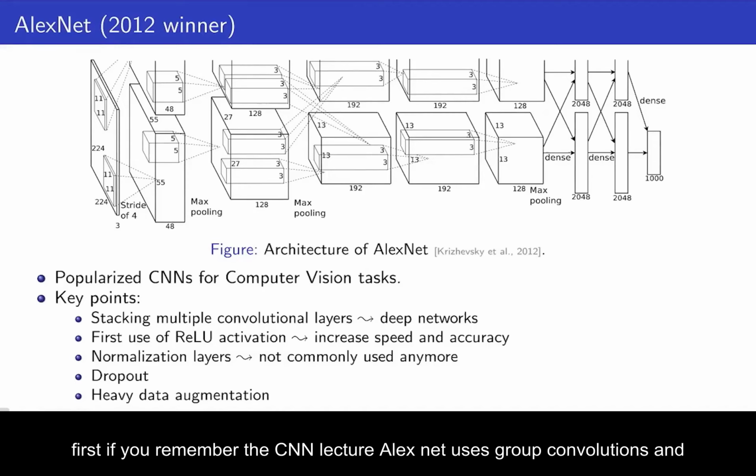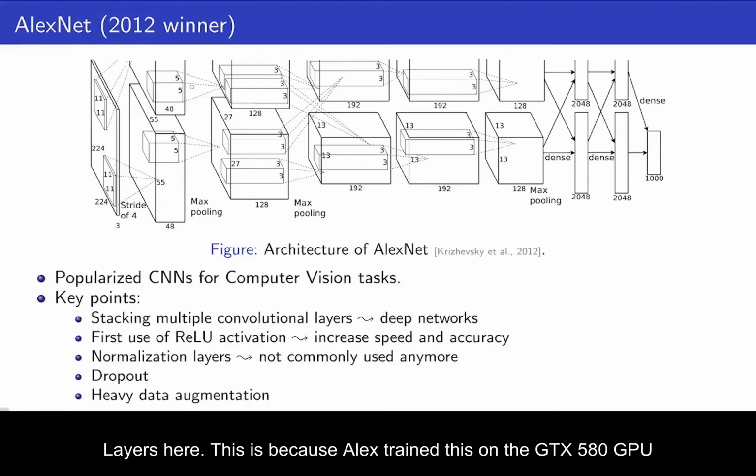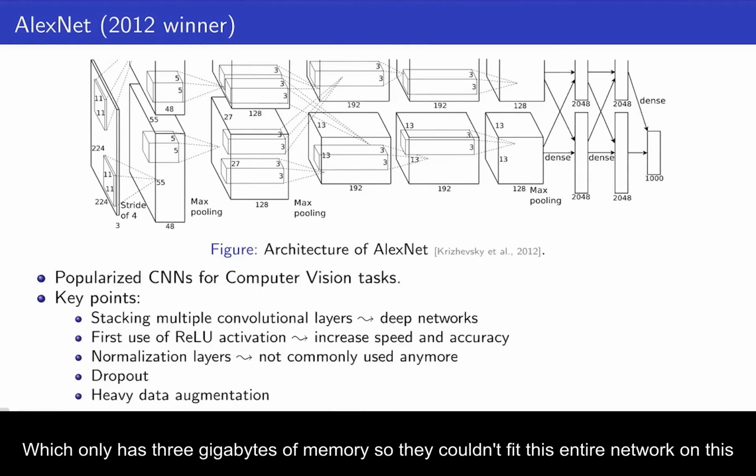First, if you remember the CNN lecture, AlexNet uses group convolutions, and that's why you see these 2 streams of layers here. This is because Alex trained this on the GTX 580 GPU, which only has 3 gigabytes of memory. So they couldn't fit this entire network on it.